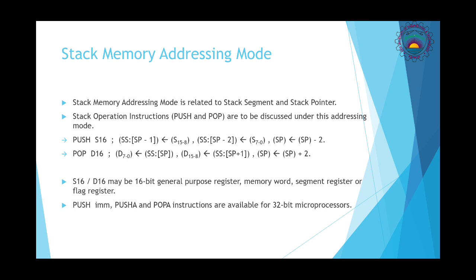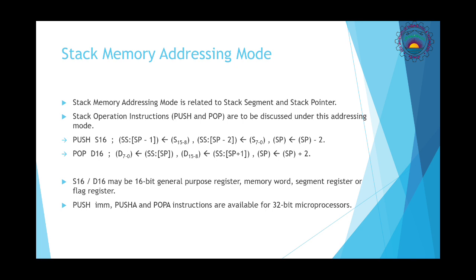Now for the pop instruction, there will be an operand of 16 bits, and that operand will be the destination of data that will be received from the top of the stack. So during pop, the first byte will be retrieved from stack pointer offset within stack segment, and that will be the lower byte of the destination.